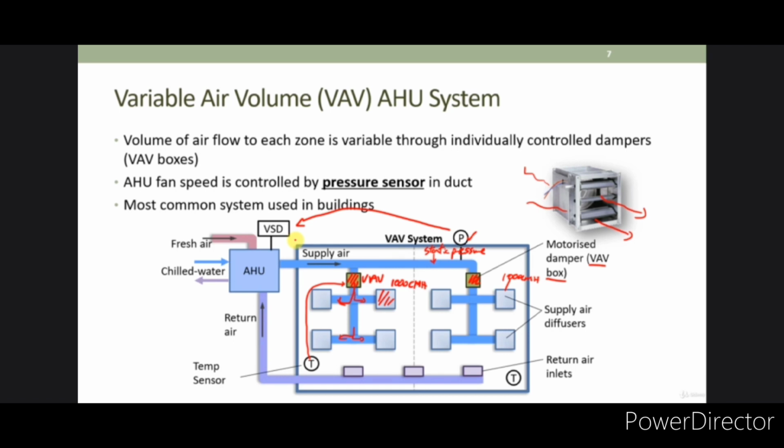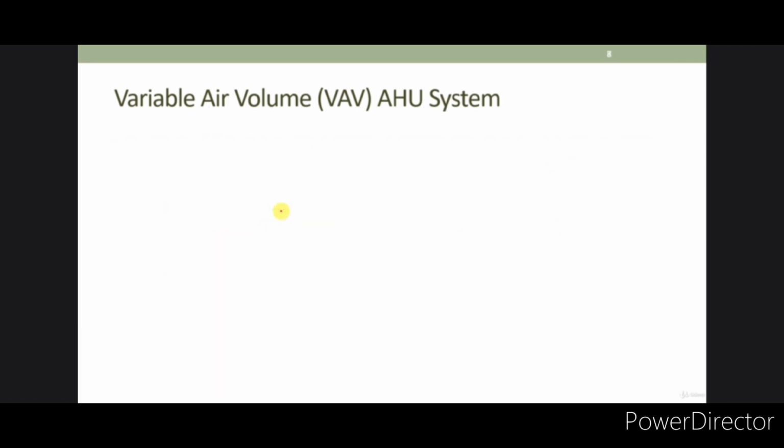So there are two control loops you can see over here. One is the temperature control loop: temperature will control the damper position. Second is the pressure loop, where the static pressure sensor will control the variable speed drive speed.